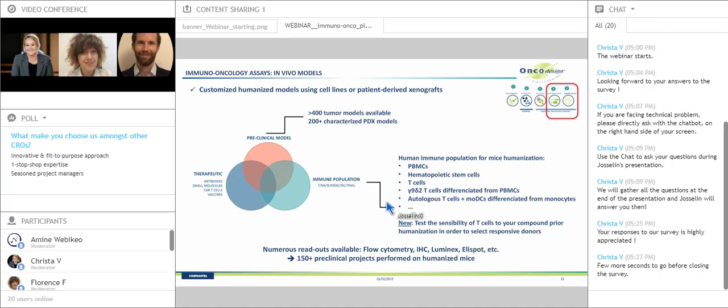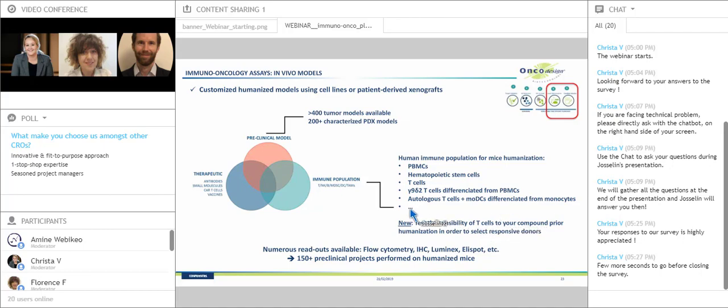We also had projects dealing with autologous T cell and dendritic cell immunization from monocytes. And actually, we are now in a phase where we start to test the sensitivity of T cells to the compound prior to humanization, in order to find which donor is the most responsive and select this one to humanize the mice.